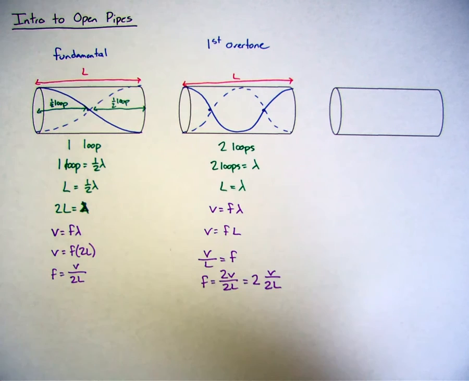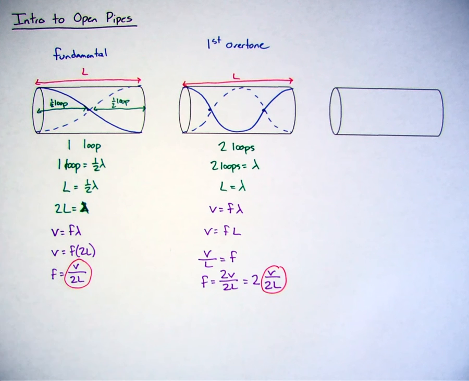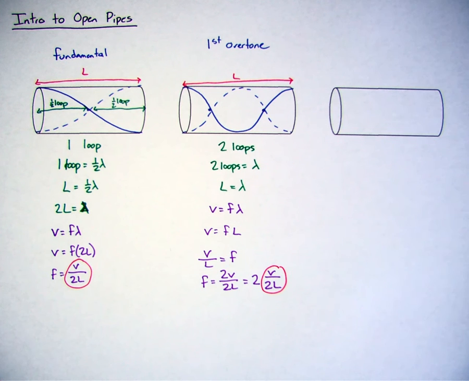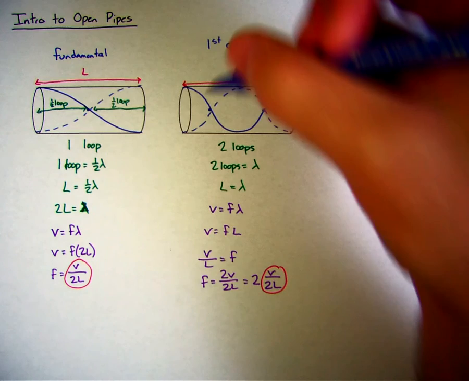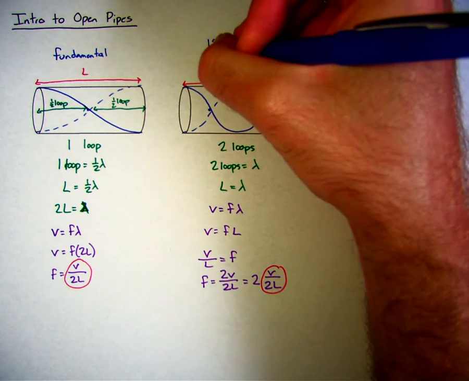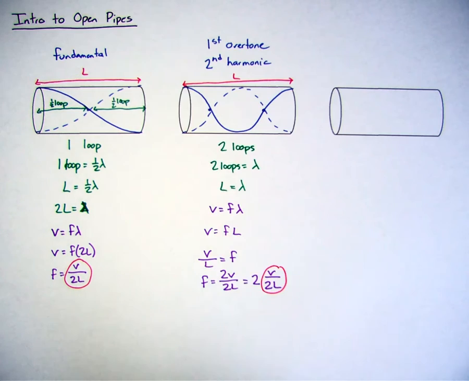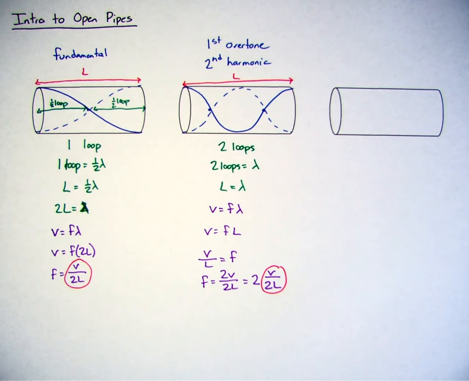This is the fundamental frequency, velocity divided by 2L, which means this is 2 times that fundamental frequency. So if this were 1,000 hertz, this would be 2,000 hertz. So that means that this next overtone, or this first overtone I should say, the next resonant frequency that we have in here is going to be our second harmonic. So we can actually hear 2 times our fundamental frequency just by creating a slightly additional standing wave in here, so where we have 1 additional loop.